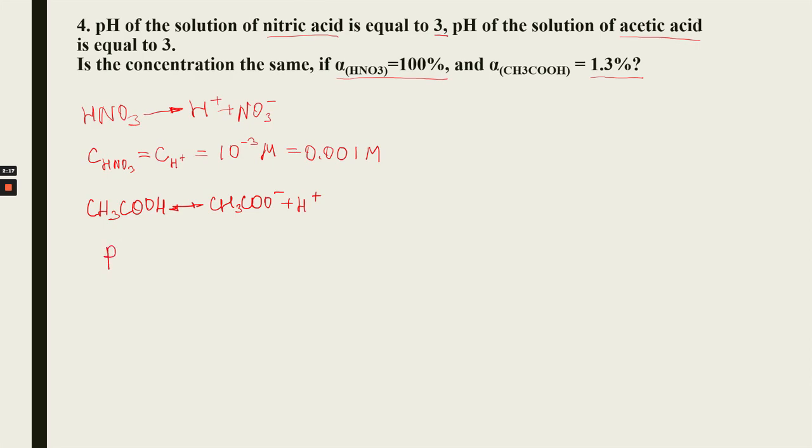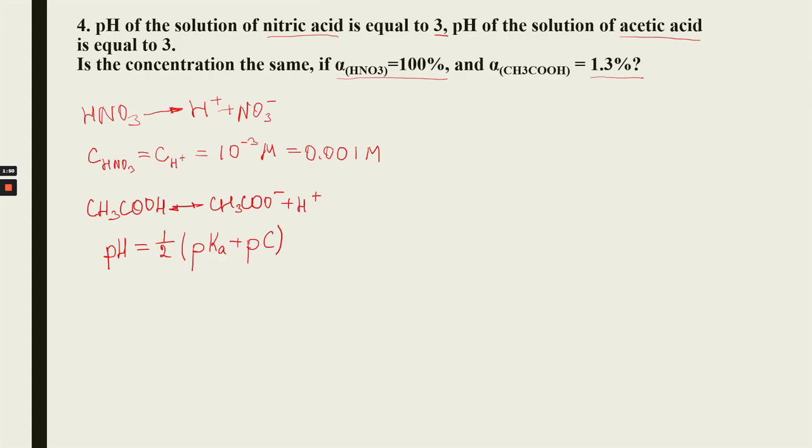It looks the following way: pH is equal to 1/2 times the sum of pKa plus pC. So I remind you that Ka is a constant, and pKa is the negative logarithm of the ionization constant for acids.